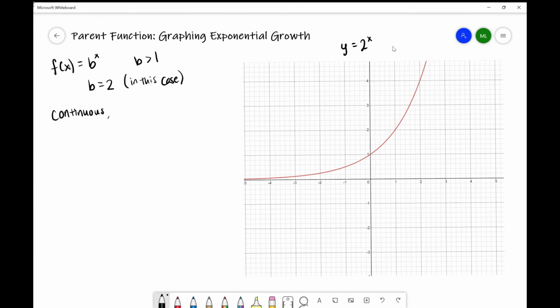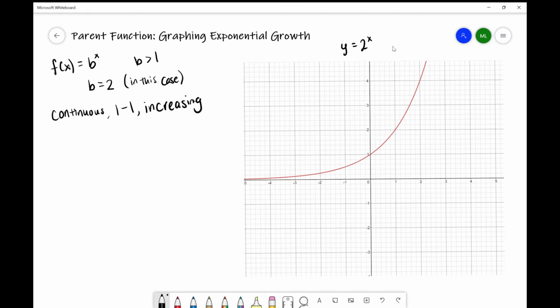It is also one-to-one, meaning for every x I have a unique y. And obviously this is increasing because I'm going up. So this is an increasing function. You see that on my y-axis, all my y values, my graph is going towards positive infinity as my x values are increasing.